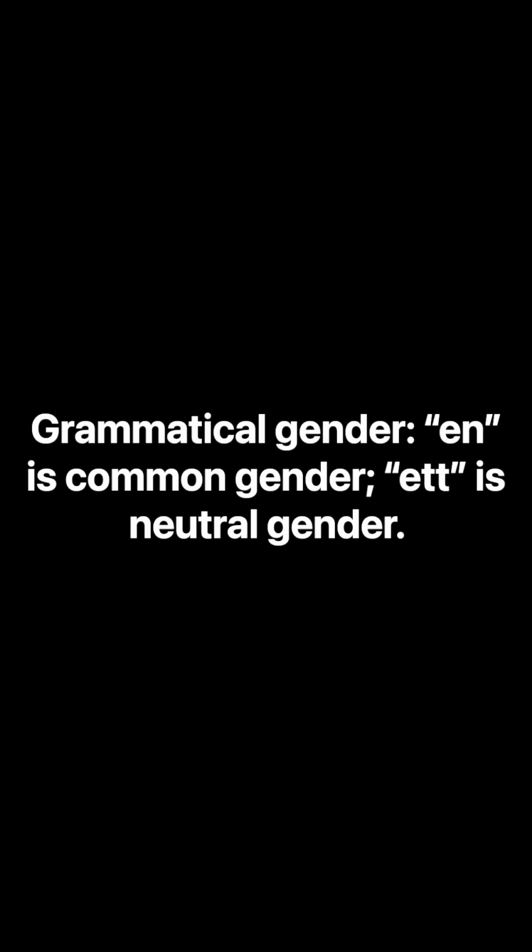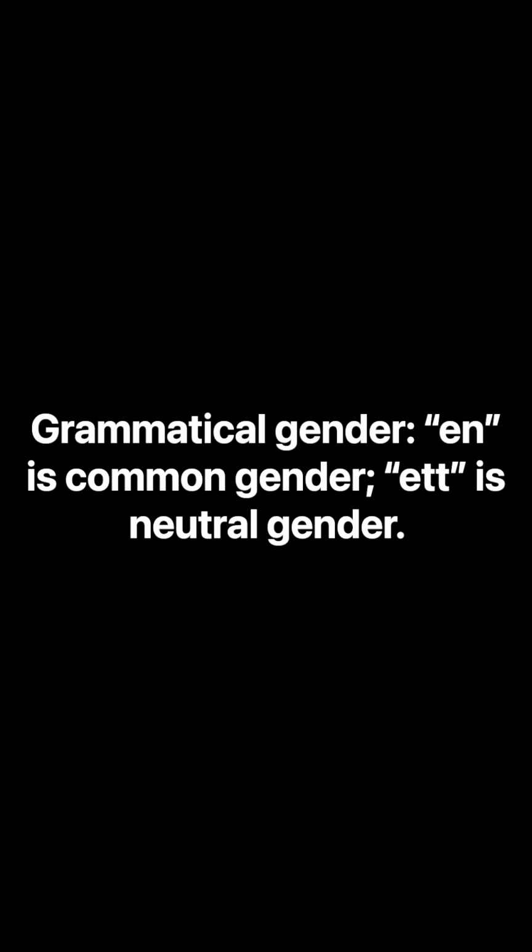The opposite of en is ett. Ett is neutral gender. And neutral gender words include hus. You always say ett hus, always ett barn, always ett problem. These are neutral gender nouns, which are not the same as common gender nouns.